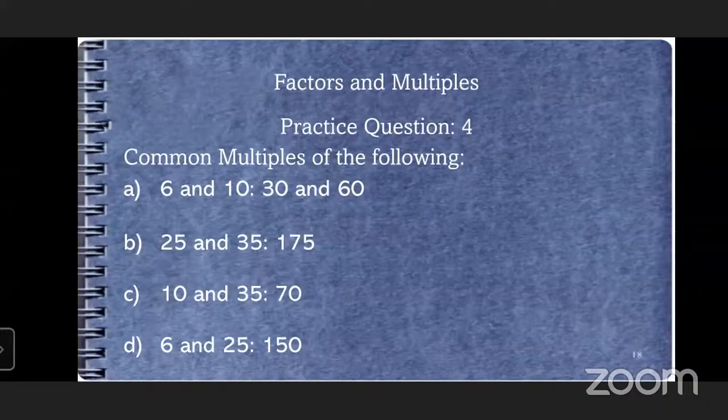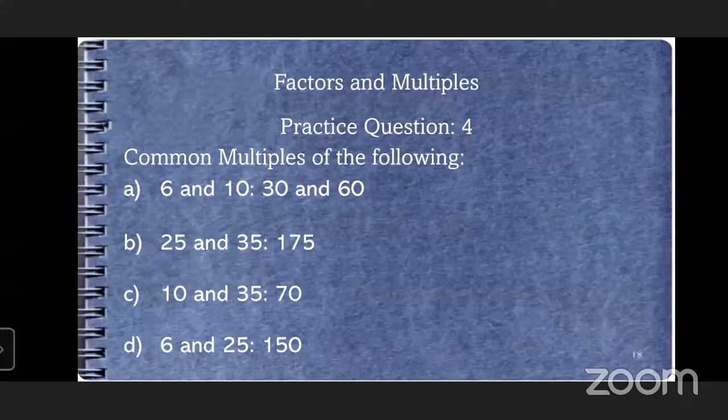Now, the pair is 25 and 35. In this, we have to write the tables of 25 and 35, and then we have to take out the common. And the common number is 175. Next pair is 10 and 35.